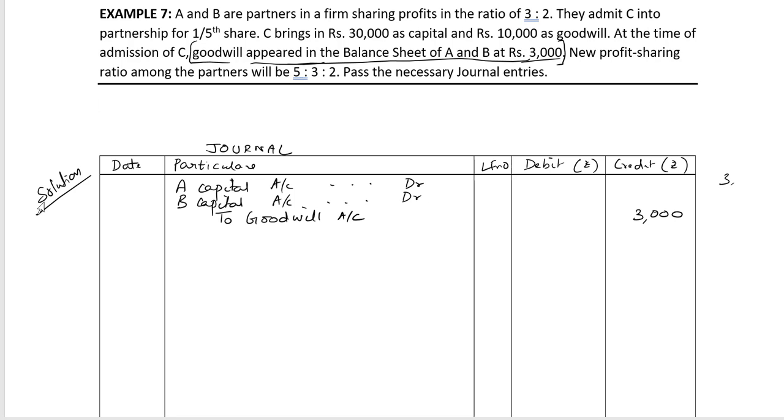Existing goodwill needs to be written off among old partners in old profit sharing ratio. It's 3:2. Against A, 1,800, and against B, 1,200, being existing goodwill written off.